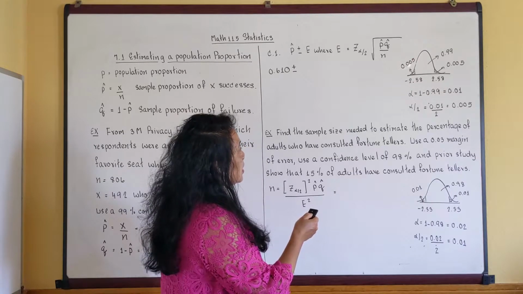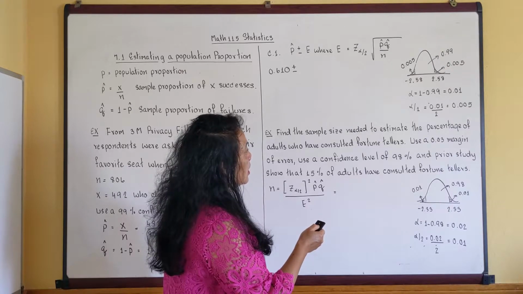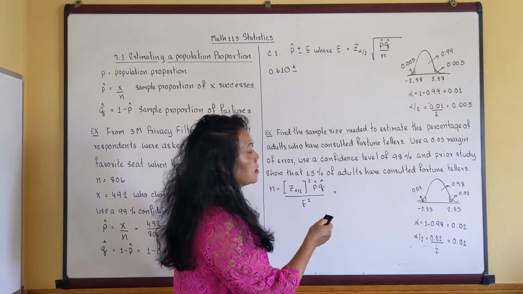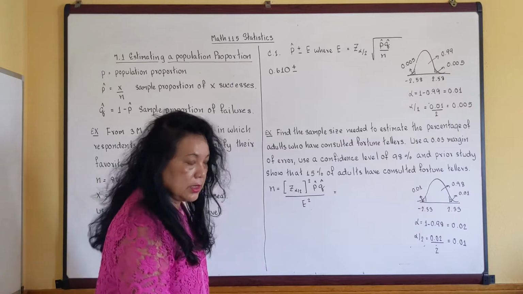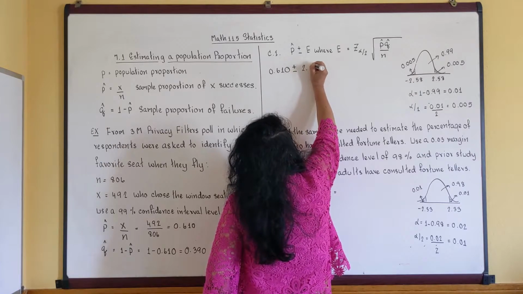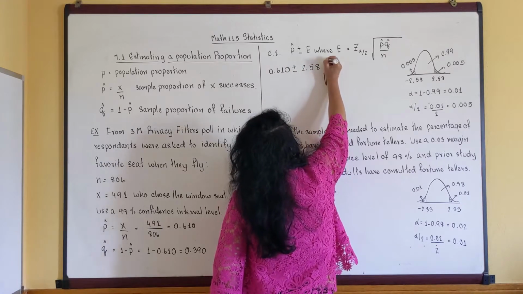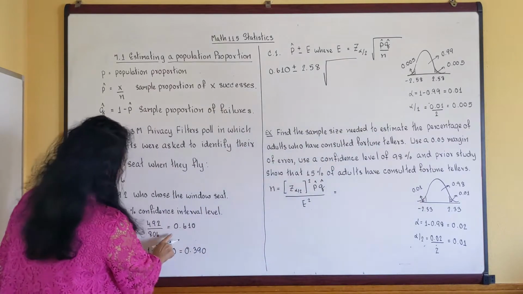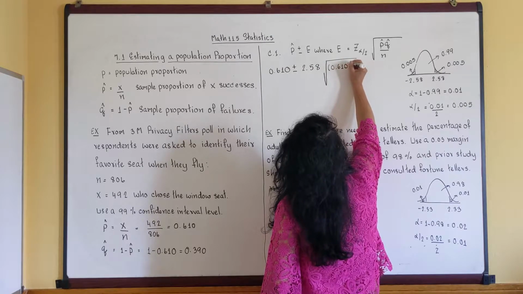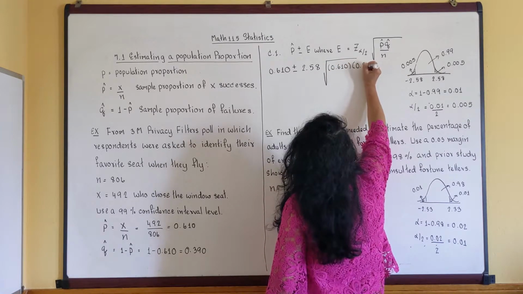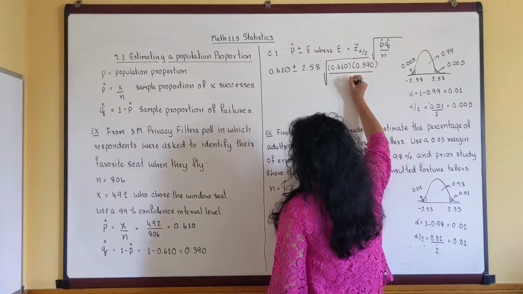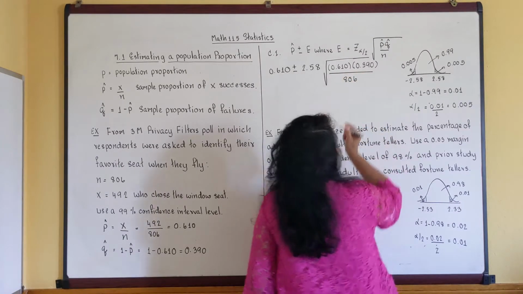But because of symmetry, the area to the left is equal to the area to the right. The z-score will be the same. One will be negative, one will be positive. We're going to take the positive one to use in our calculation. So z alpha over 2 is going to be 2.58 times the square root of p hat, which I already calculated here, 0.610, q hat 0.390, over the sample size, which is 806.